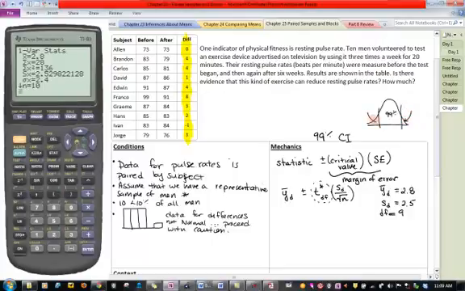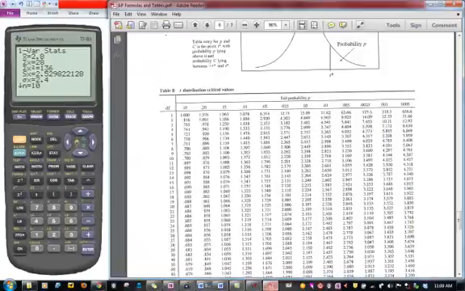So split up on either side, 1% is 0.5, and so we're looking for 0.005 as the area underneath the curve. So when I go to my table, I'm going to look at 0.005, and I'm going to go down to 9. When I read that over, I see a critical value of around 3.25.